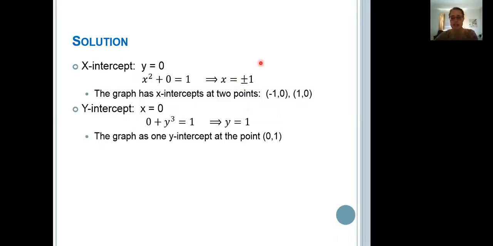Up here, we have to take the positive and negative roots because -1 squared is 1. In other words, we have 2 numbers that we can square to get 1, but only 1 number that we cube to get 1. So our y-intercept is at the point (0, 1), which we already knew because we looked at the graph, right? We're just verifying and demonstrating the algebraic solution here.